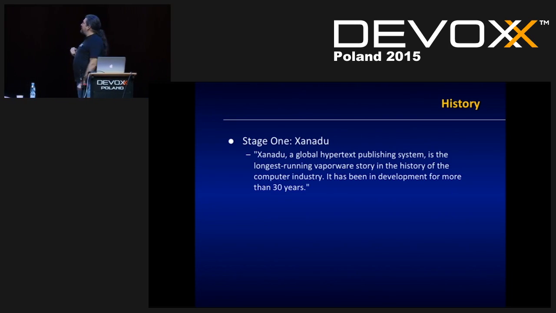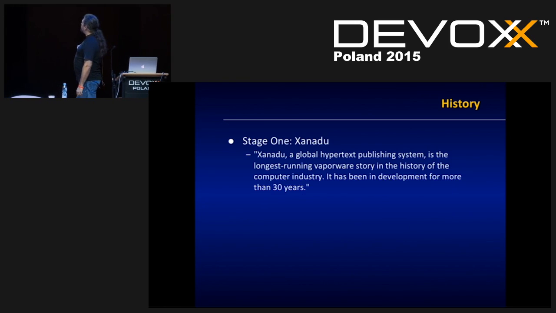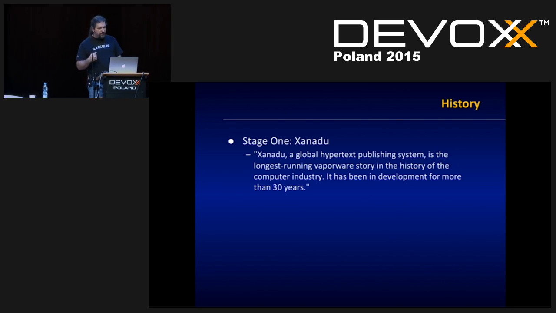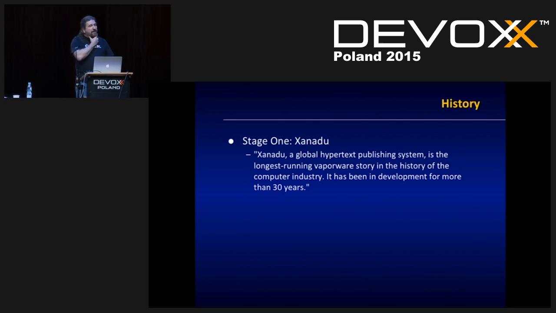A global hypertext publishing system, the longest running vaporware story in the history of the industry. It's been in development for more than 30 years. As a matter of fact, Xanadu finally reached a version 1 about 5, 6, 7 years ago, something like that, and the 3 people who use it are already asking for version 2.